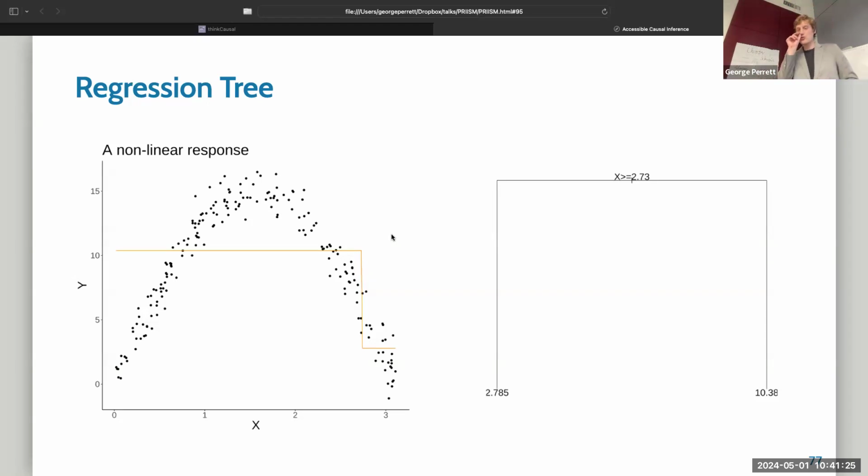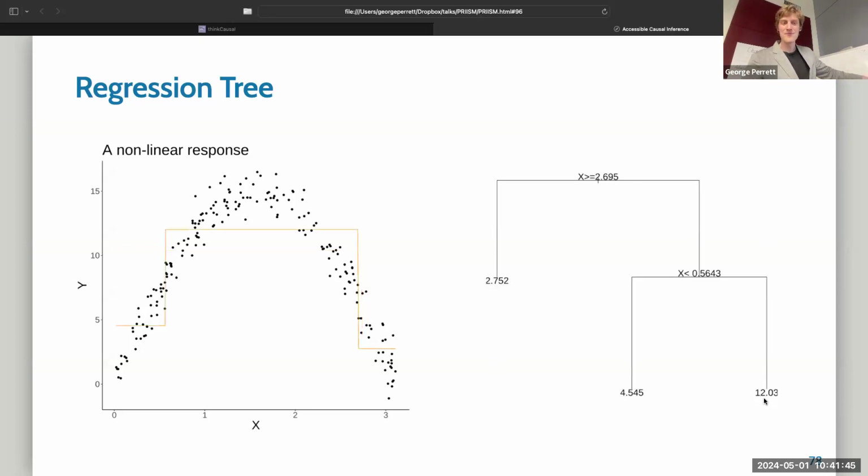If your X is larger than 2.7, your prediction is going to be 2.785. Your prediction is just the mean of this group over here. And if your X is less than 2.73, we're just going to take the mean of all these points. That's going to be 10.38, and that's the prediction. Now, this is not a good predictive model, but we can keep adding more cuts. The idea of a regression tree is we can keep making smaller and smaller partitions of the data.